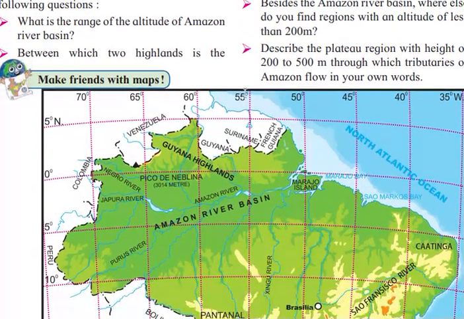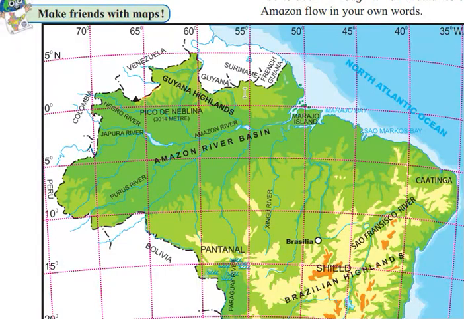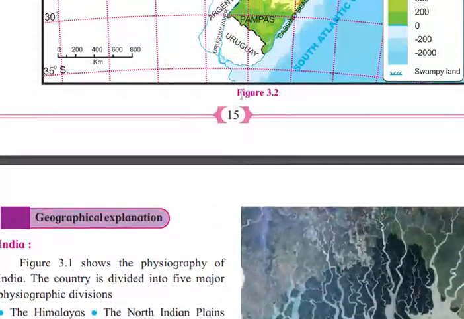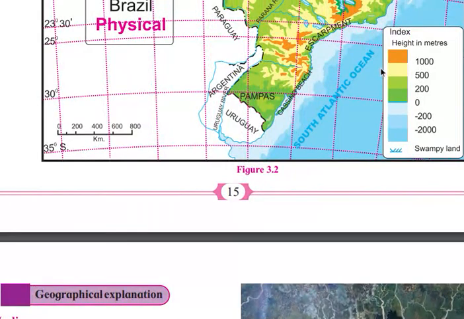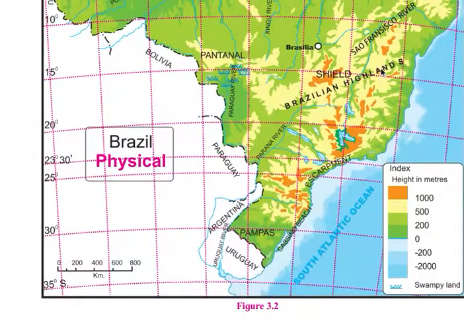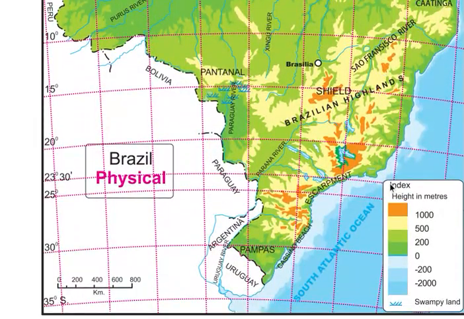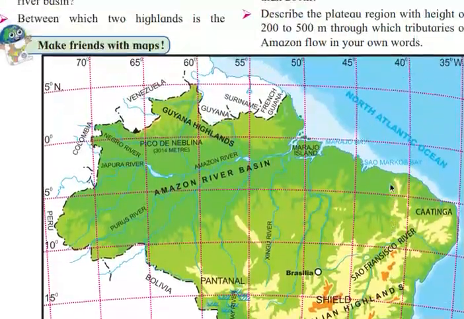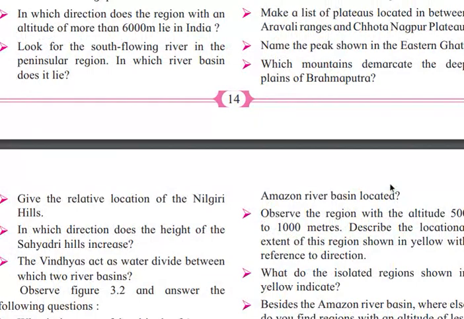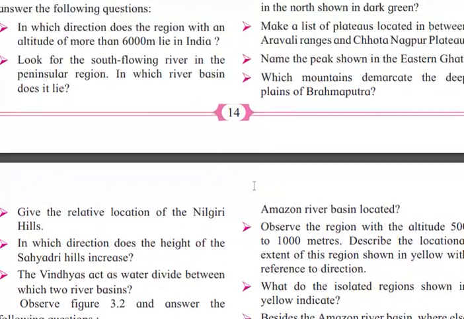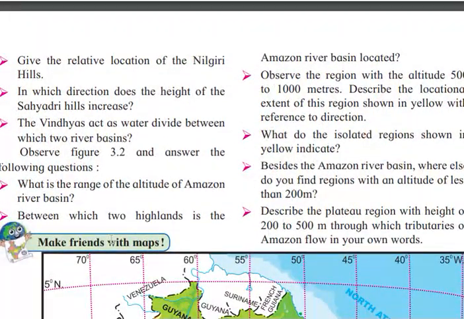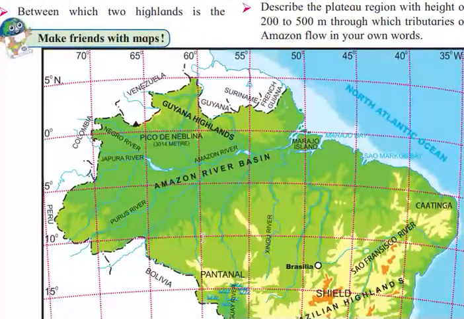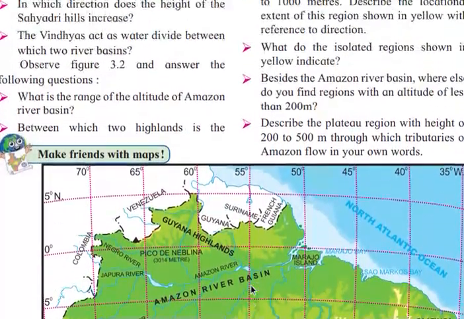Altitude is nothing but the height of the Amazon river basin. The color is dark, which means nearby 200 meters. Between which two highlands is the Amazon river basin located? The Guiana Highlands and the Brazilian Highlands.